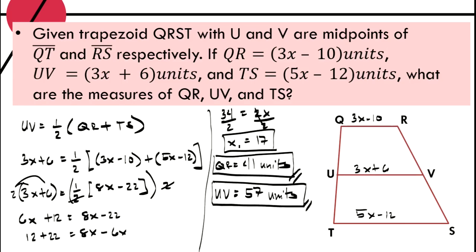Now substitute 17 to the expression for TS. 5 times 17 minus 12. That is 73 units. So the measures of QR, UV, and TS are 41, 57, and 73 units respectively.